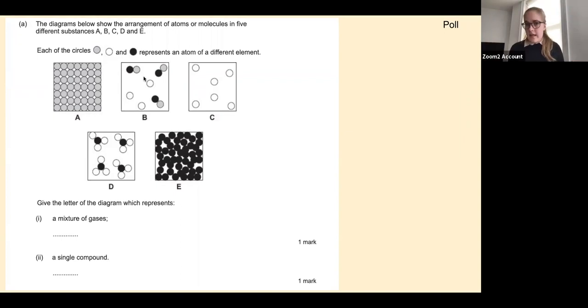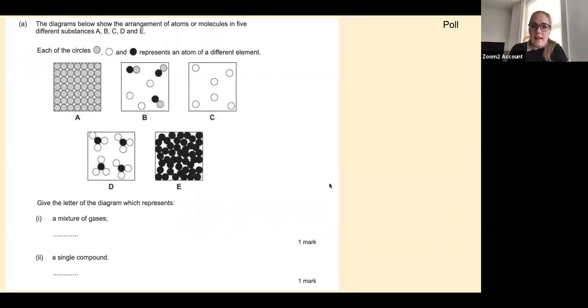So we know that this is a gas. And now it's a mixture of gases because it's got 2 different gases. So here you have your first gas, which is these white circle atoms. And you've got your second gas, which is a black and a gray circle atom that are chemically bonded together. So B shows 2 different gases. So it's a mixture of gases.